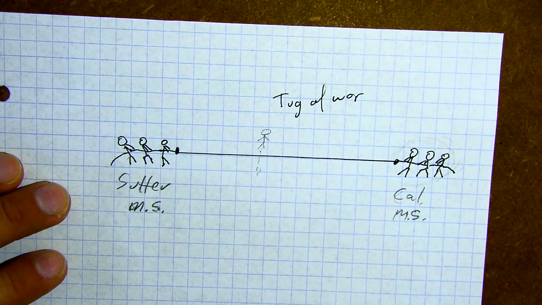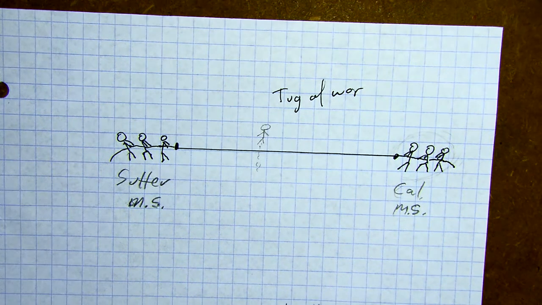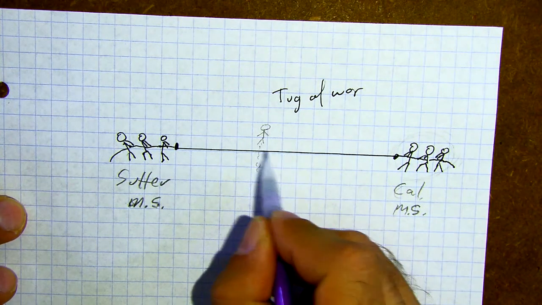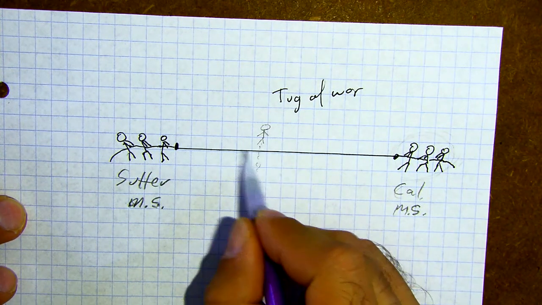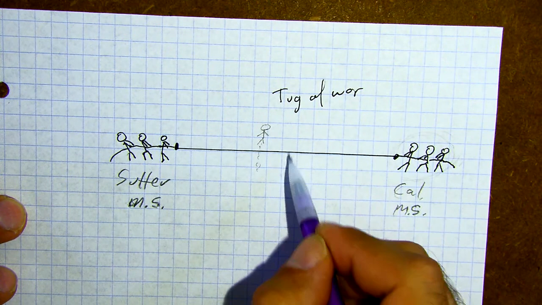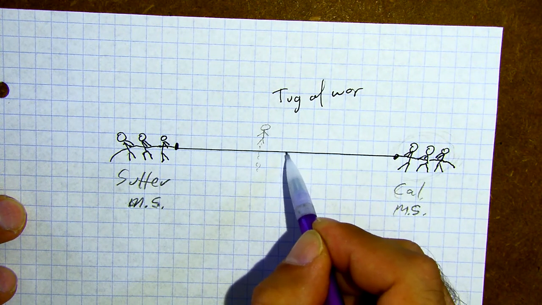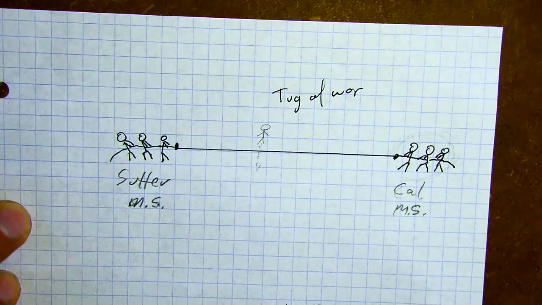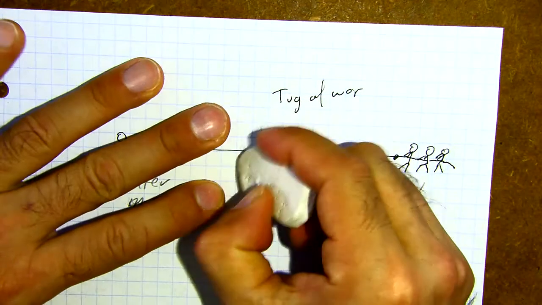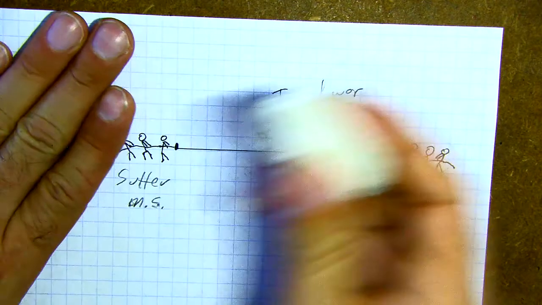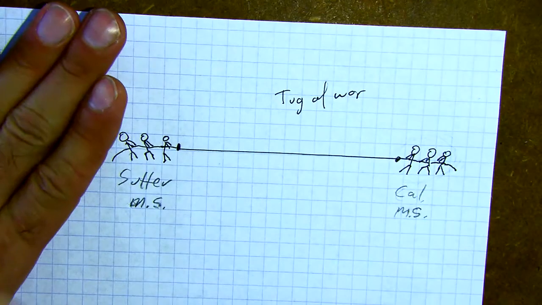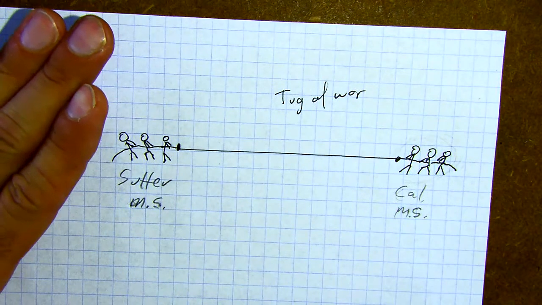For Sutter, maybe, not for Cal. This is kind of biased towards one. We need to find the very middle of our rope in order to make it fair. And this teacher, we could say, hey, stop encouraging your students to have rivalries. Just relax a little bit. So let's put where the finish line is going to be actually.